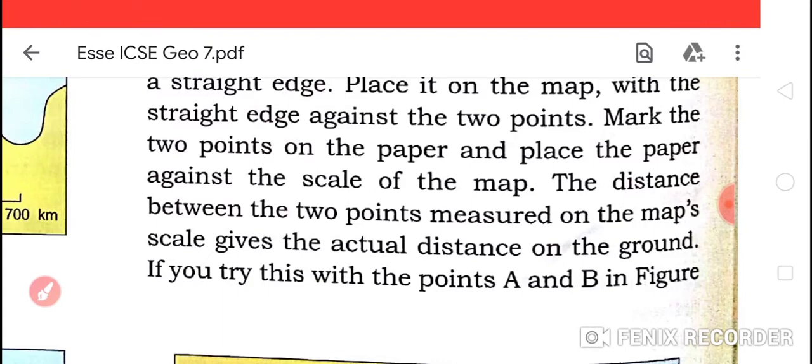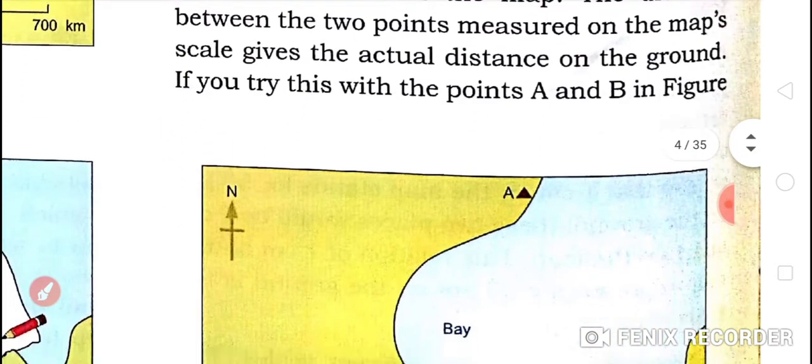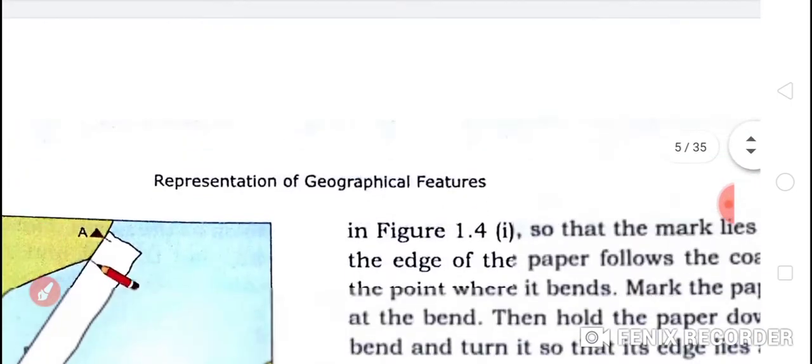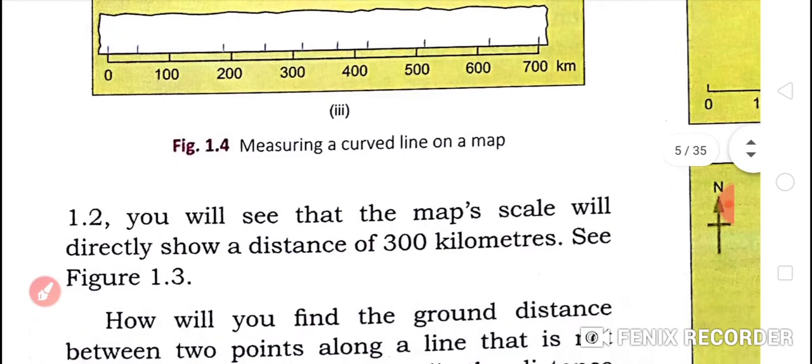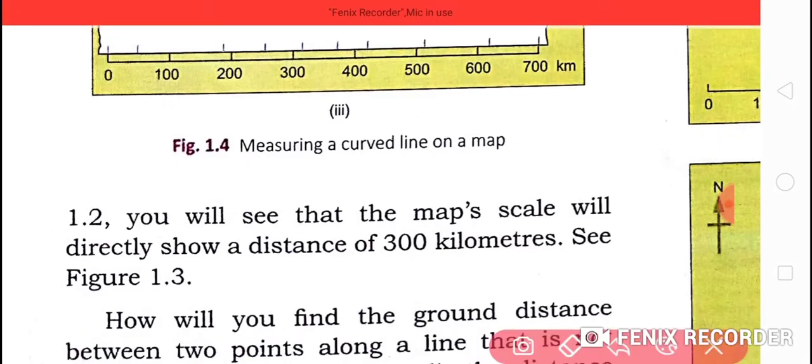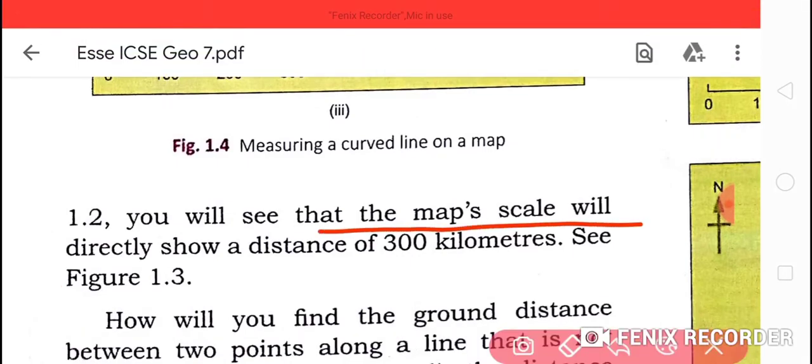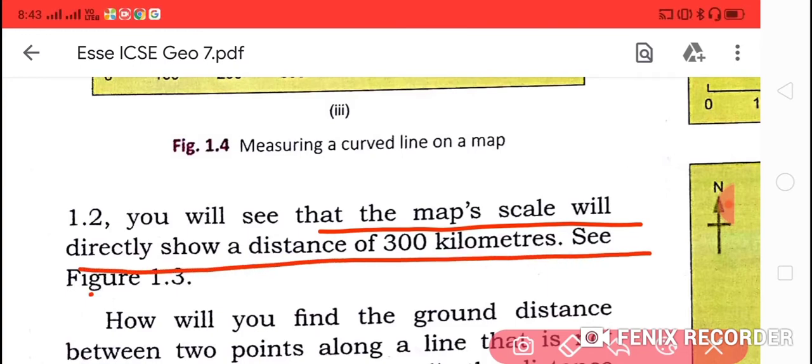Then you try with the points A and B. You will see that the map will directly show 300 kilometers. That is seen in figure 1.3.